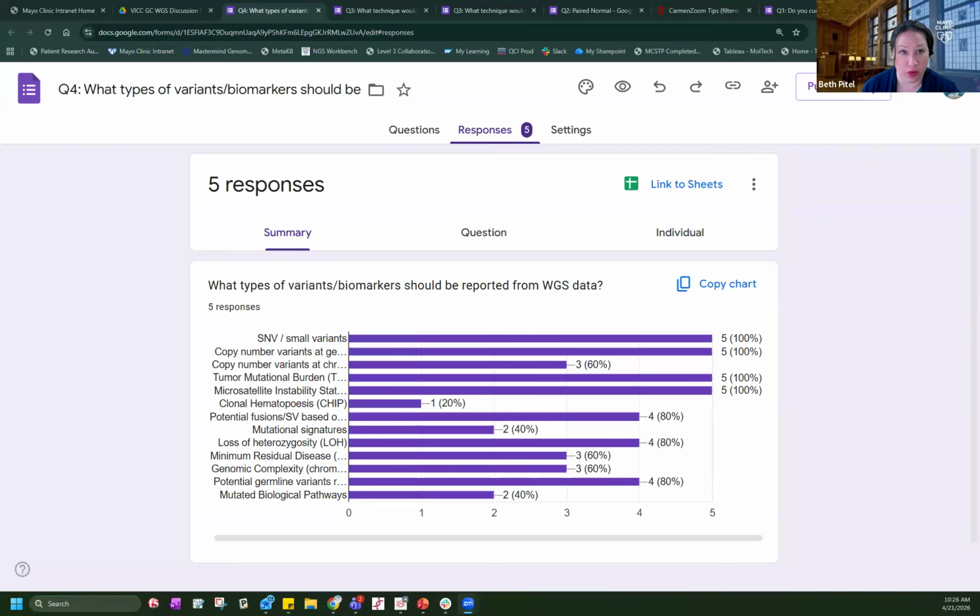From a clinical lab standpoint, you never know if somebody's going to order a whole genome, but usually they'll order other ancillary testing leading up to it. That's usually how clinical workflows work: the low-hanging fruit before you get the big test.